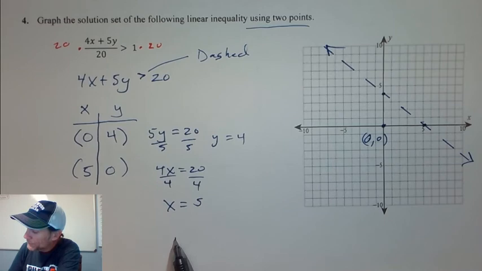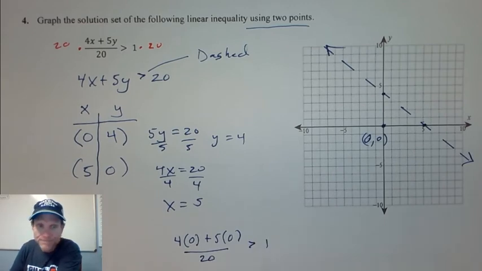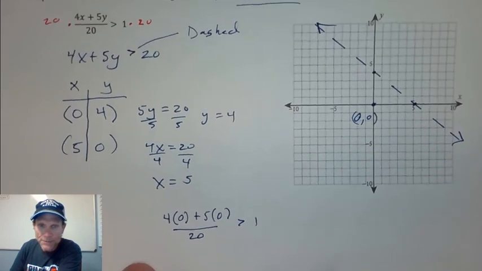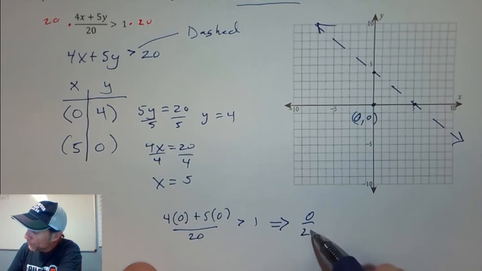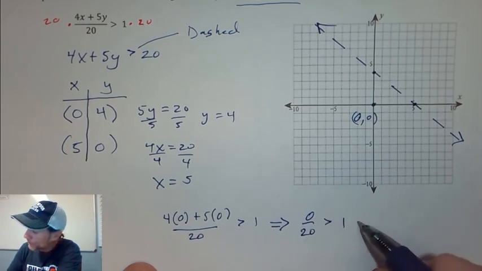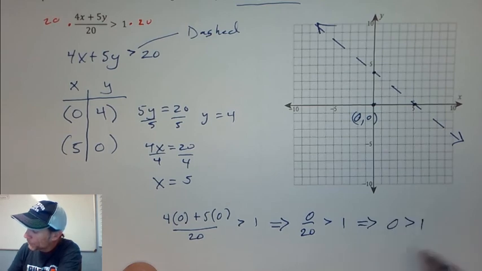And what I get is 4 times 0 plus 5 times 0 over 20 is greater than 1. What that leads me to is 0 over 20 is greater than 1. 0 is greater than 1. That's false. We didn't get any true ones here.